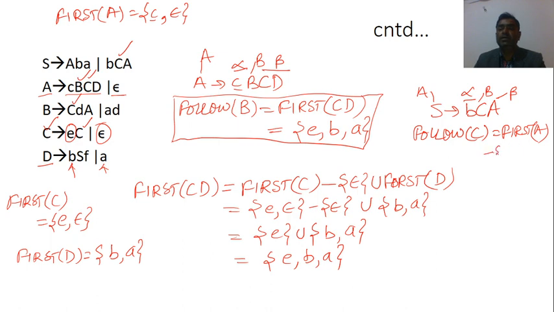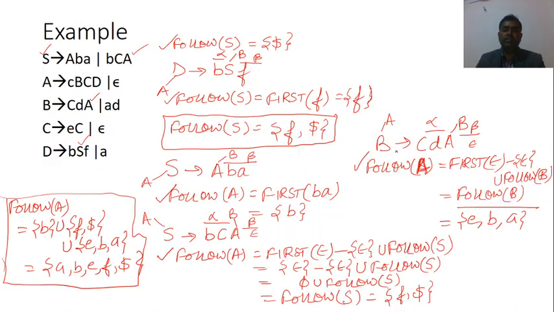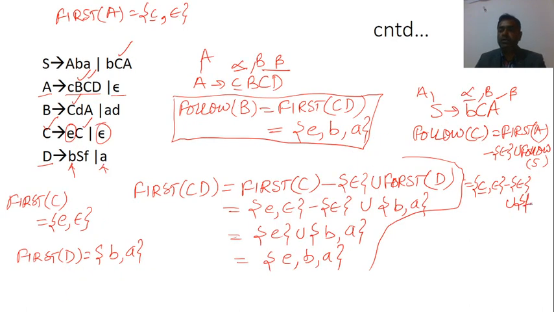That means we have to write set difference empty union follow of A, and that is follow of S. It is equal to first of A, C comma empty, set difference empty, union follow of S. And what is our follow of S? You can see follow of S is F dollar. Just put it here, F comma dollar, and this is equal to C F and dollar.